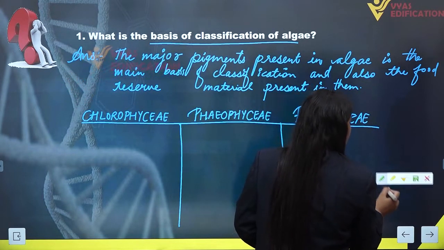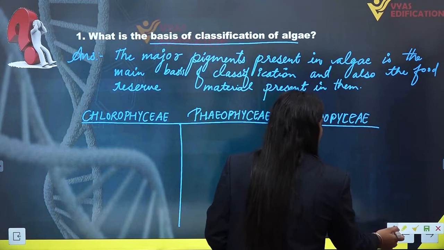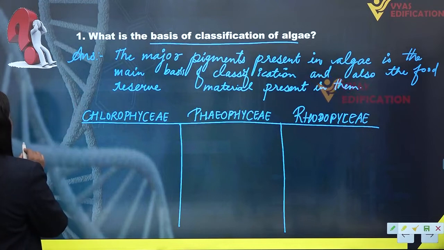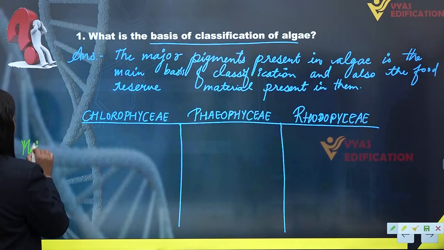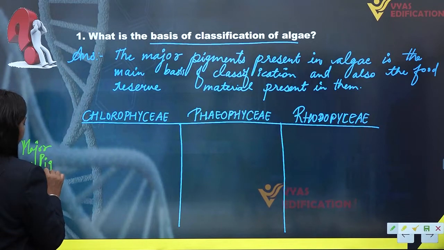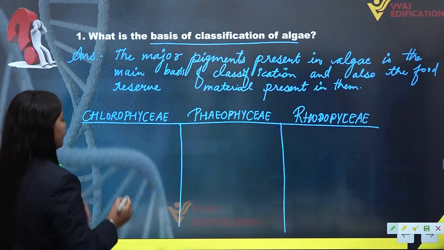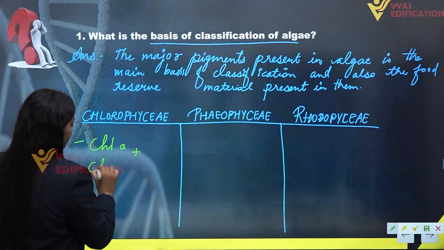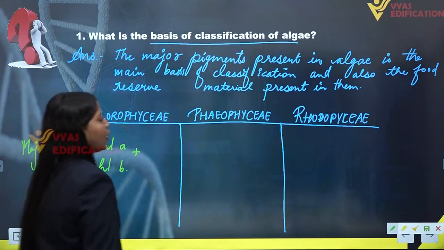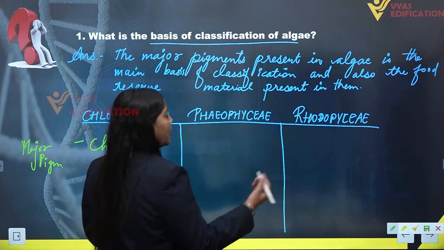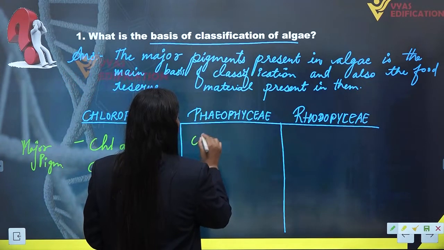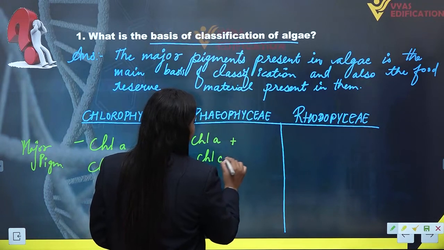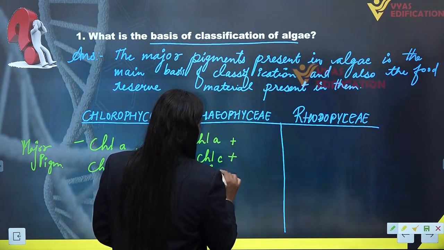Now we are going to write the major pigments of each of them and the food reserve material. First I am going to write the major pigments. For Chlorophyceae, we know that they have chlorophyll A plus chlorophyll B. Now the pigments of Phaeophyceae, that means brown algae, are chlorophyll A plus chlorophyll C plus fucoxanthin.